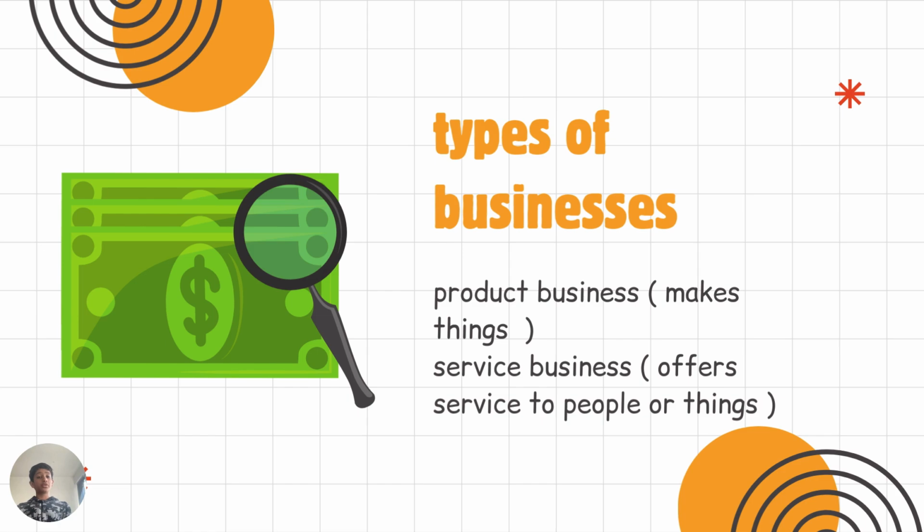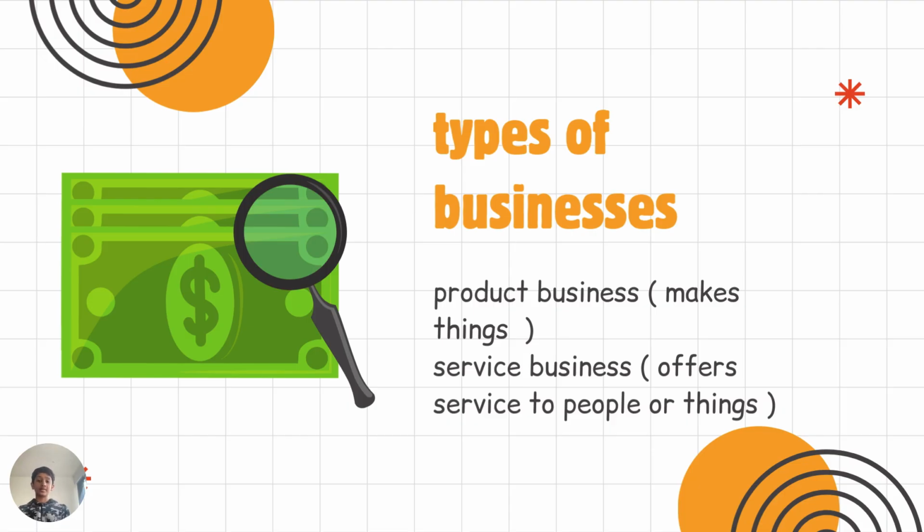So, there are two types of businesses. Product business makes things, like Amazon. Amazon sells products, makes products, and service business offers service to people. An example of a product business is, let's say, my company makes wooden tables and any wooden materials.